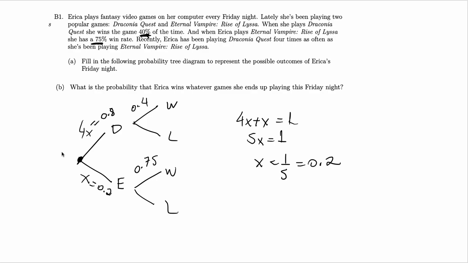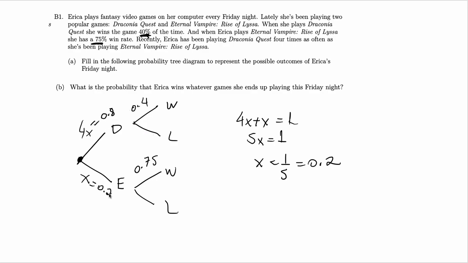So the first item of the question, this is the open question. First, B1, it's the open question for midterm 2 2024, last fall. So the first question was fill in the following probability tree to represent the possible outcomes. So it's just doing the tree. And we have it all to kind of complete the tree. Why?